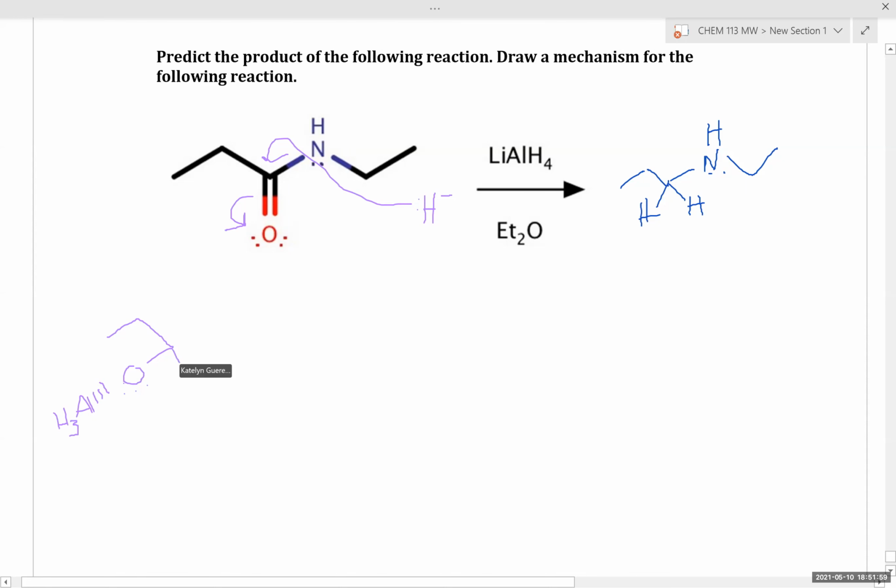So when we make this tetrahedral intermediate, when we look at this addition product, we'll notice that our alkoxide has been coordinated to aluminum. This activates our alkoxide ion as a leaving group, and it allows us to kick out this otherwise quite terrible leaving group to make an aminium ion.